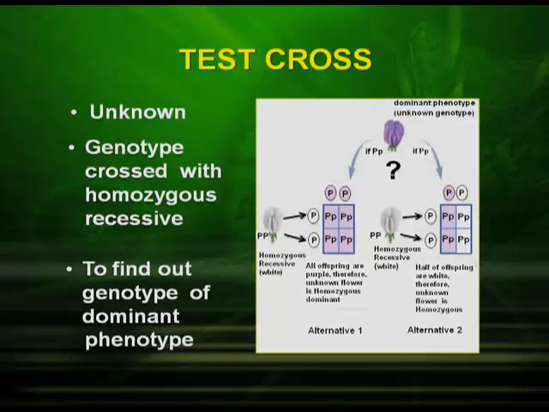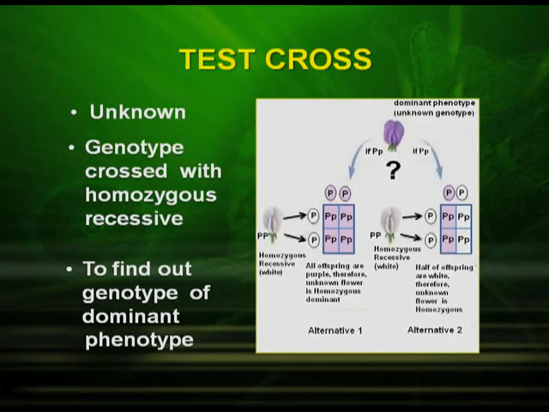Here is an example. A white color flower which is recessive having small p and small p is crossed with a dominant phenotype, and that is purple color. Now this purple color exists in two conditions. Homozygous, capital P capital P, and heterozygous, capital P and small p.